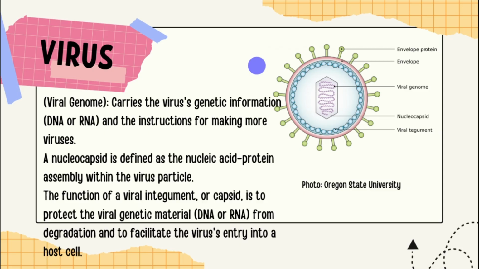But every structure on this is protecting the genetic information, protecting the viral genome, protecting the DNA or the RNA, and that's what's going to hijack the cell. You see, as long as that DNA and that RNA is still intact, not degraded, hell breaks loose in your body as a human being if a virus gets into your body.